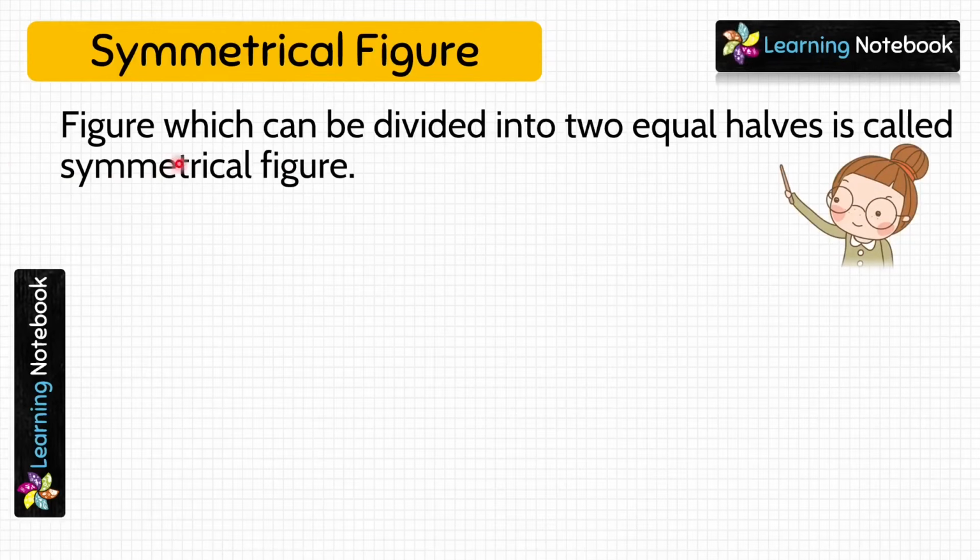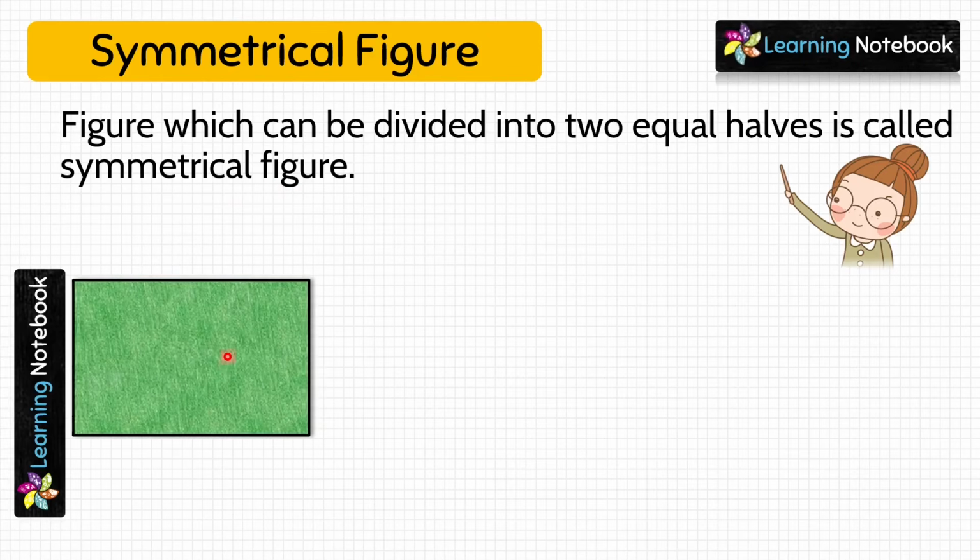Figure which can be divided into two equal halves is called symmetrical figure. That is, figure having symmetry is called symmetrical figure. For example, rectangle. Rectangle is a symmetrical figure because it can be divided into two equal halves.